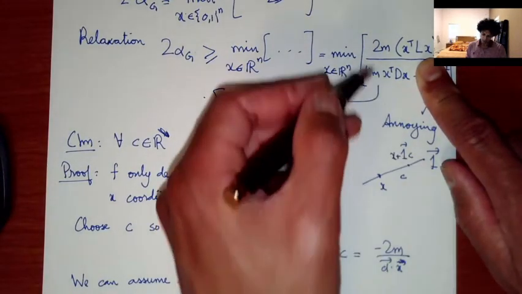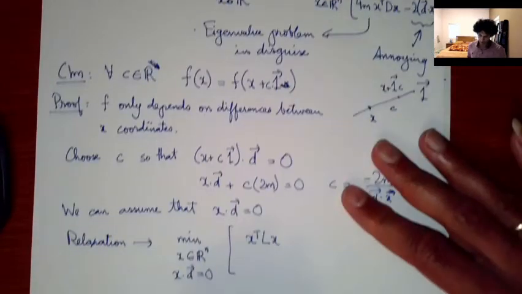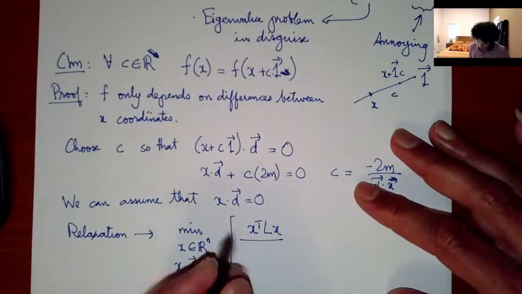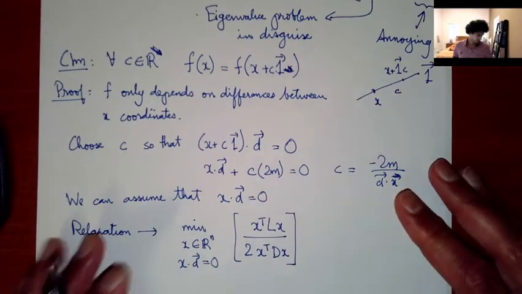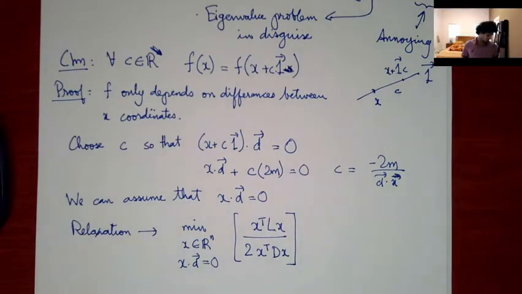And the m will also cancel out, so I get x transpose Lx divided by 2 times x transpose dx. So this is now a significantly more convenient form for me to use.